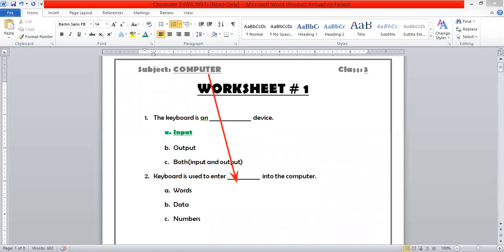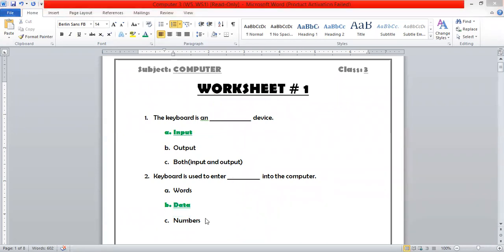Okay, that's good. The answer for this question is data. Why? Because data consists of both things, the words and the numbers. So the correct answer for question number 2 is data.